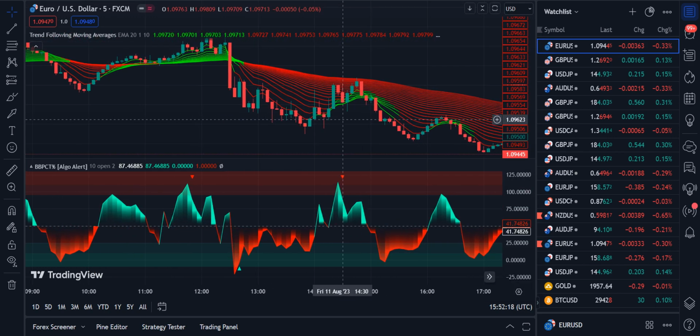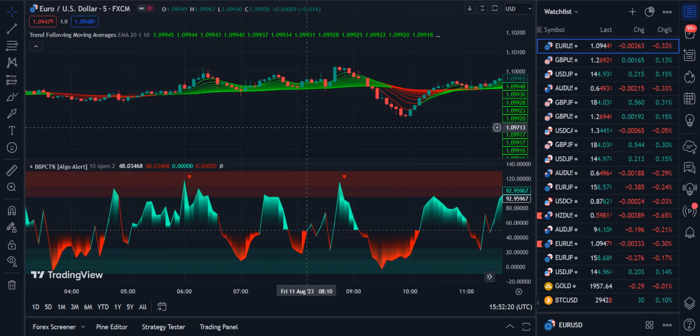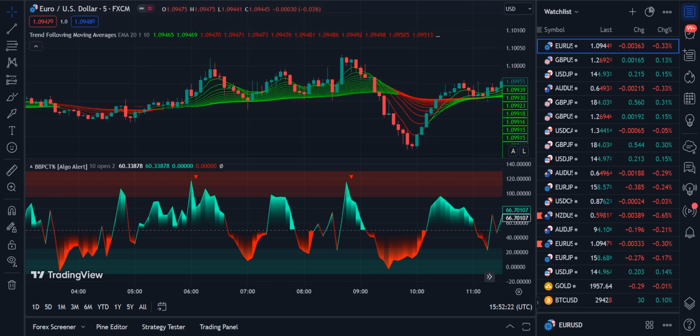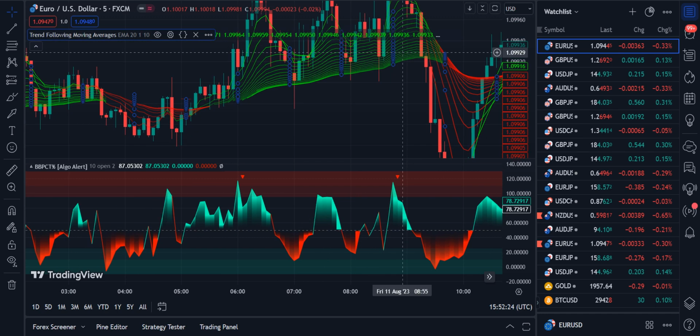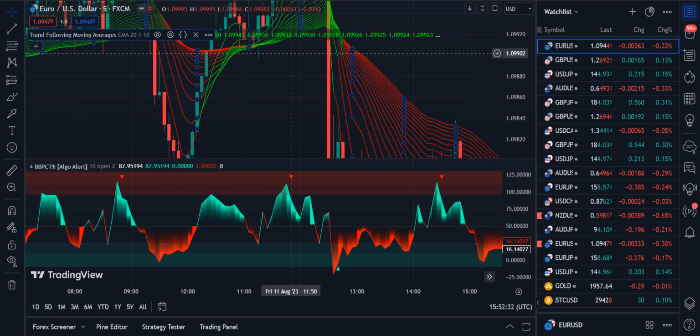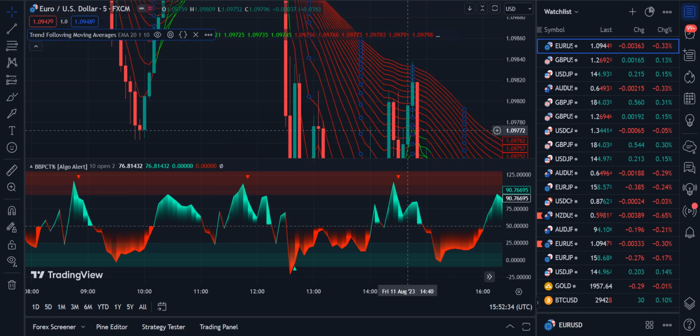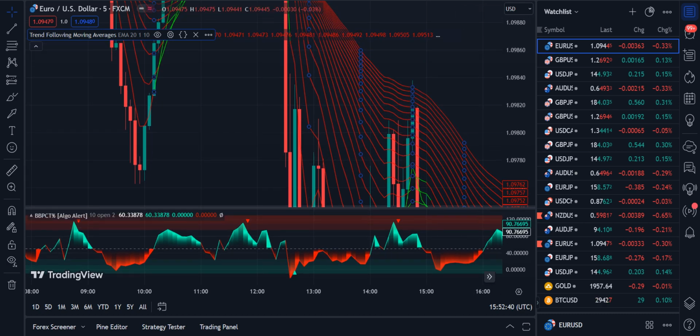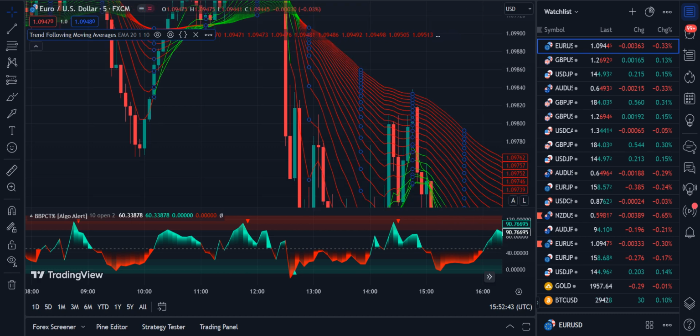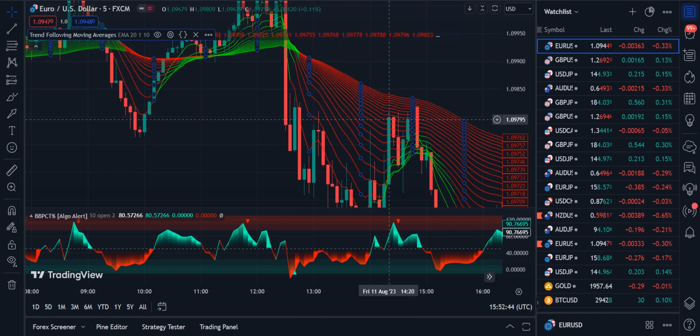Now you have to check first of all that whenever your market is in between all these green color lines, it means you have to take the uptrend or the bullish trend, and when your market is in between all these red color lines, it means that your market trend is down. So basically you have to look towards this indicator plus these moving averages.